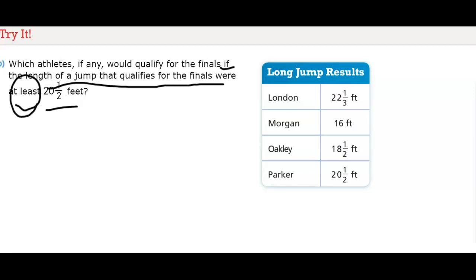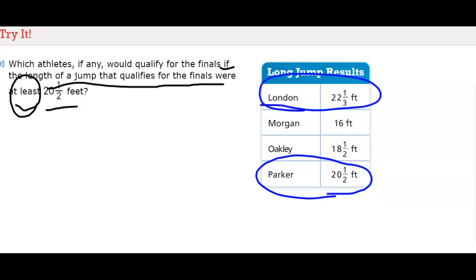At least includes 20.5 feet. So that would include Parker because she is at 20.5, and that would include London because 22 1/3 is greater than the 20.5. So those two would be the finalists if that were the qualifying jump results.